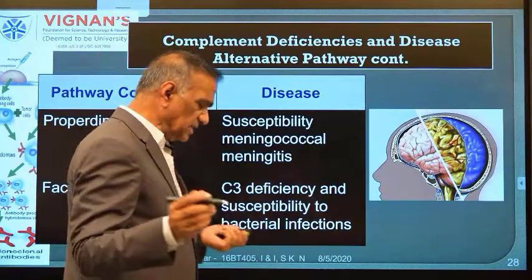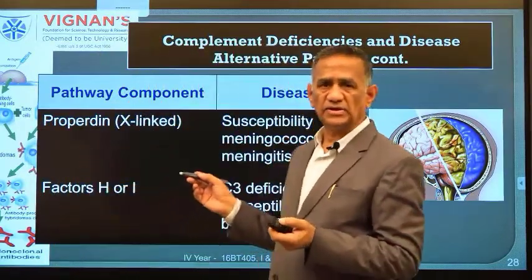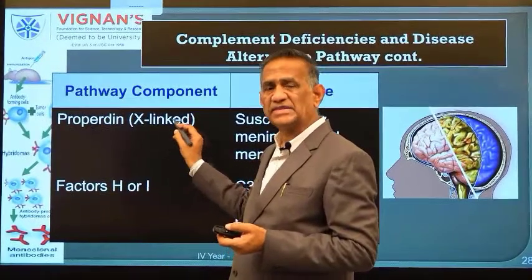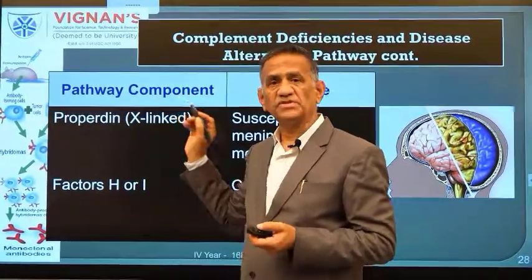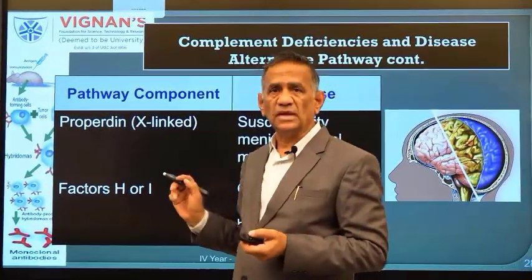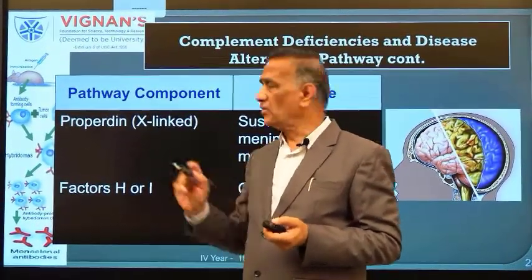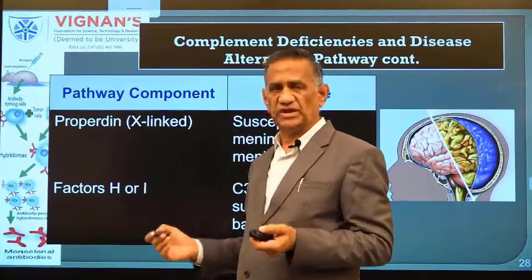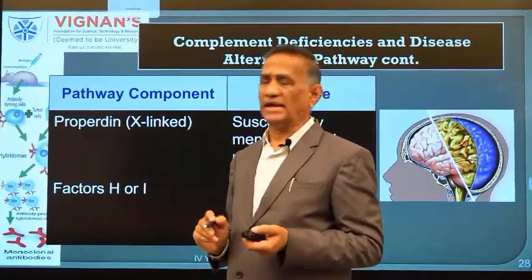Here there is another important one, properdin, which I have been telling you about since the beginning. Properdin deficiency is X-linked. X-linked means it is more expressed in males. Females have 2 X chromosomes, male has 1 X chromosome. Unfortunately, if this properdin deficiency gene gets inherited, it is expressed in the males.